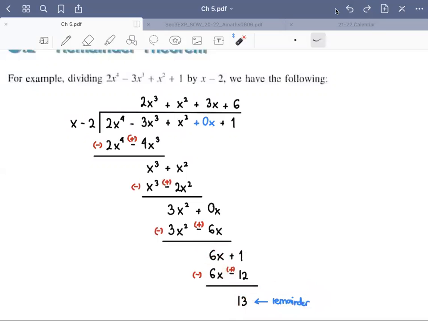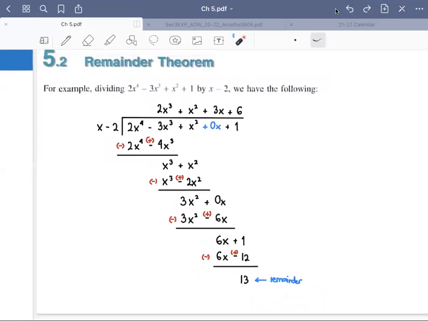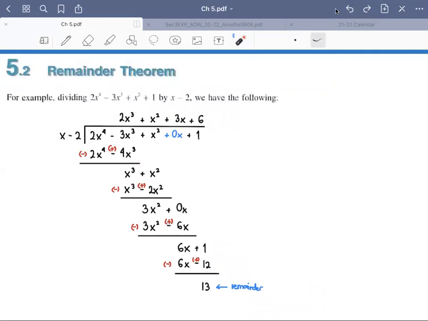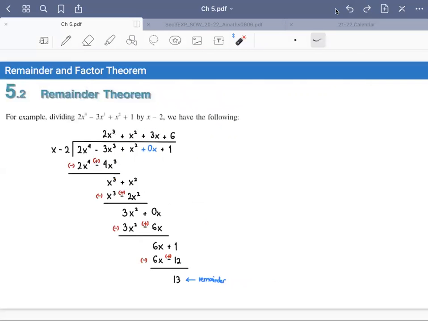Now, class, as you have seen, the process is tedious, right? It's a bit long and a bit confusing, right? Now, for the remainder theorem, what we're looking for here is just the remainder. So how can we get the remainder? By dividing this and then getting 13 as your remainder.